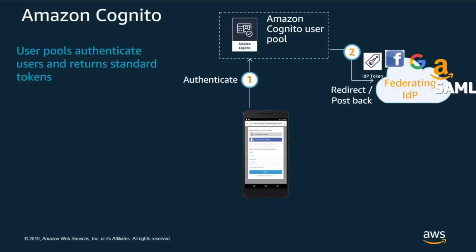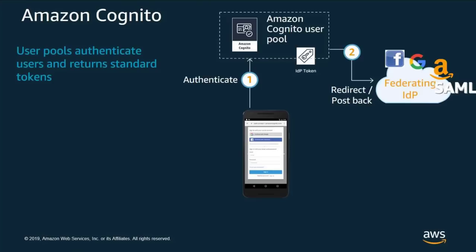If you've chosen to use federation, again, Cognito is going to handle all those redirects out to the appropriate identity provider, receive all the postbacks, and so on and so forth. It's going to receive that identity provider token back into the user pool.